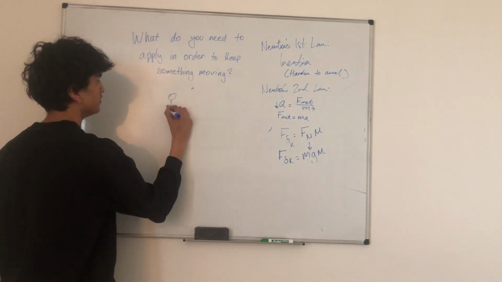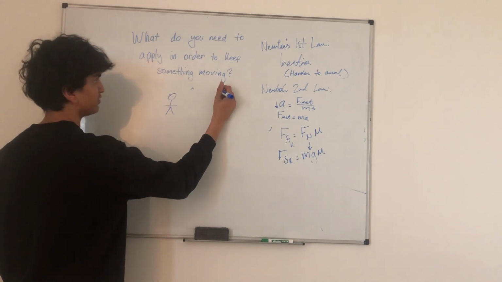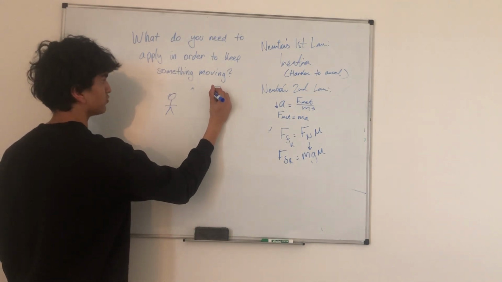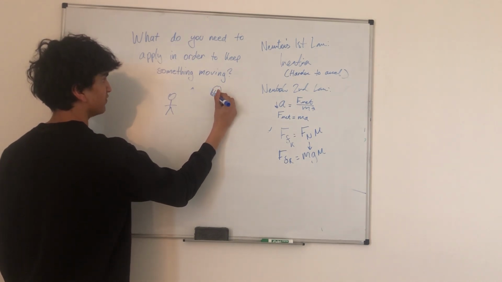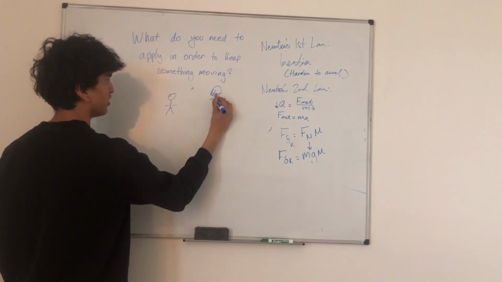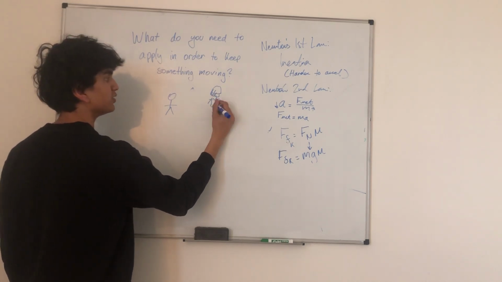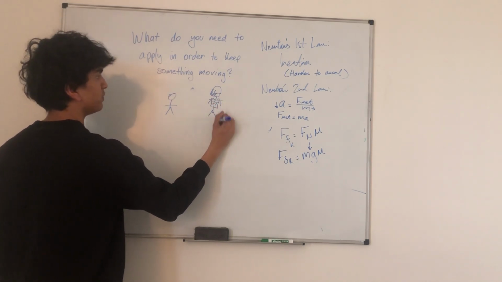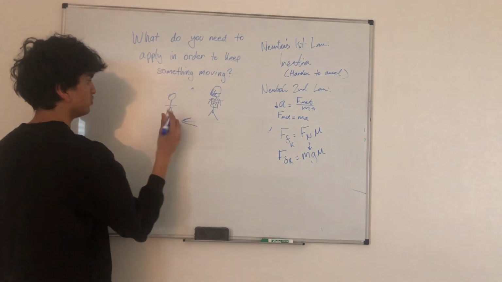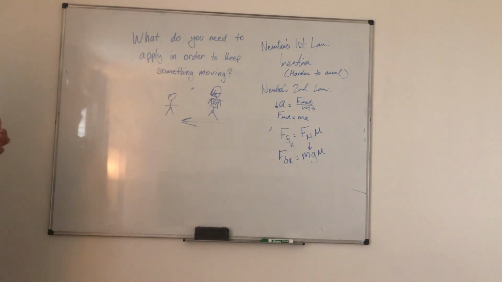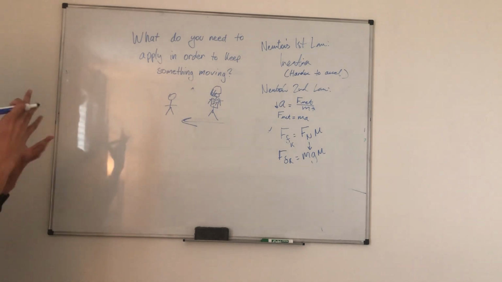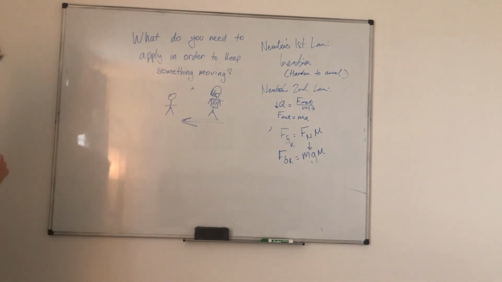If the quarterback for Stevenson, and we can draw the little shoulder pads, and then me. Let's say he's number 27. If he's hurtling at me, we get in contact, and he tackles me, who applies the larger force?